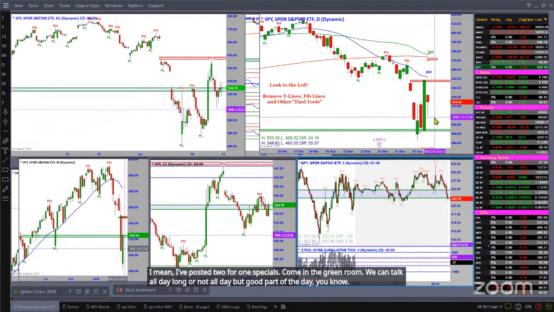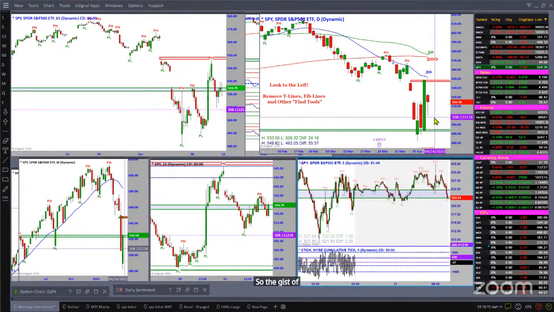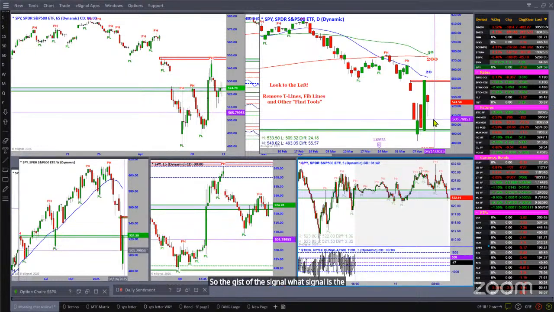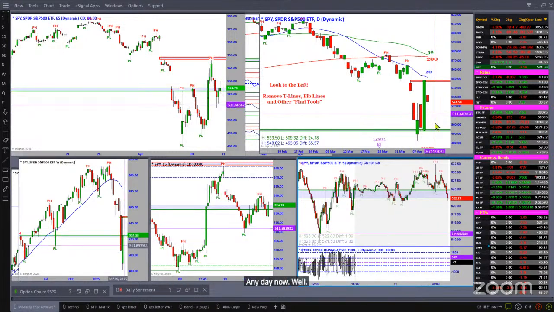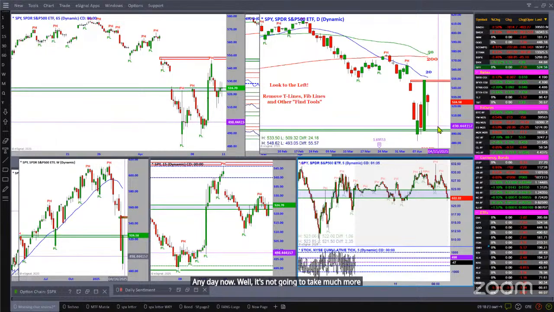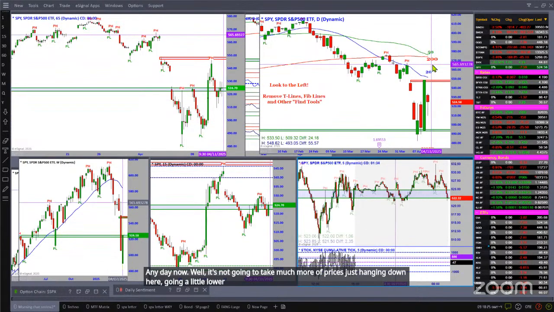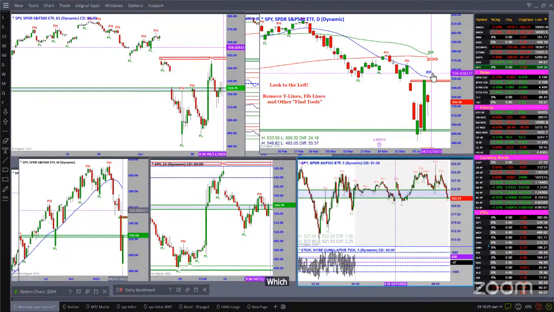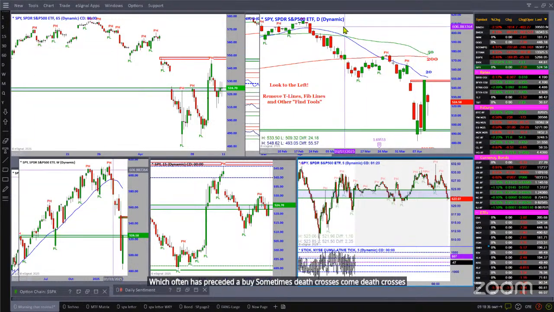and you can get this education. So the gist of the signal, what signal is the media going to give any day now? Well, it's not going to take much more of prices just hanging down here, going a little lower to get the famous death cross, which often has preceded a buy. Sometimes death crosses come near the beginning of a move.